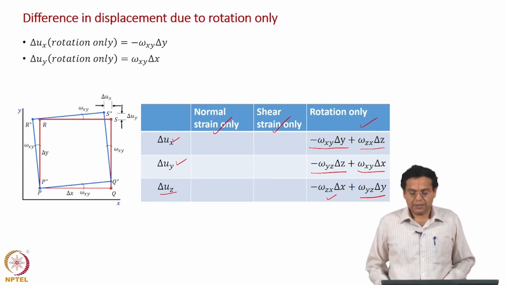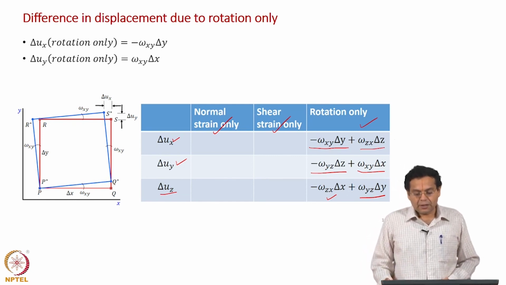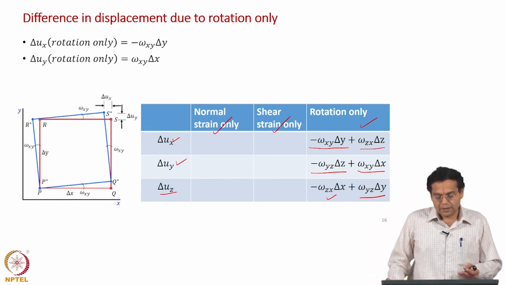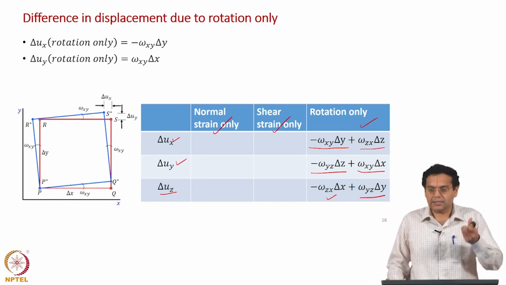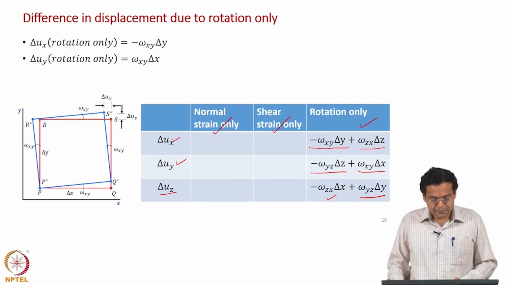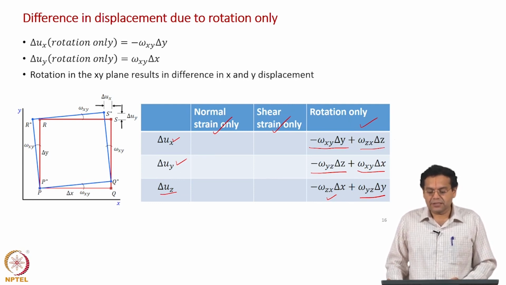So now we have filled the last column also, based on rotation in the xy, yz and zx planes. So rotation in the xy plane results in difference in the x and y displacement.